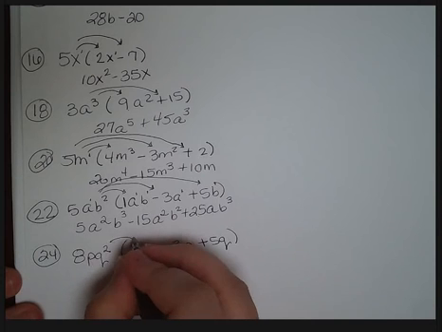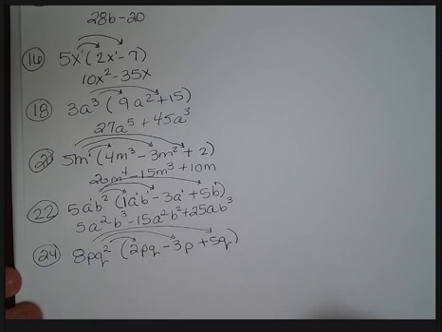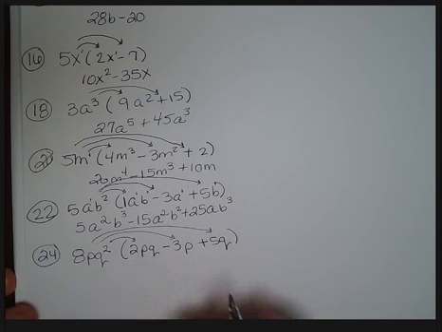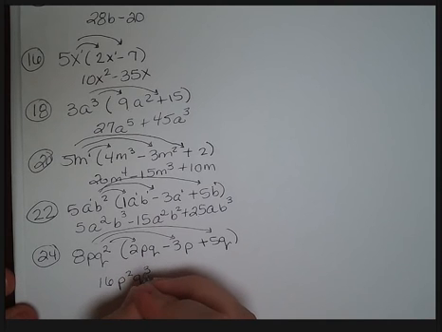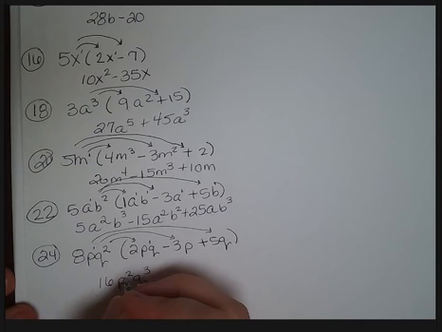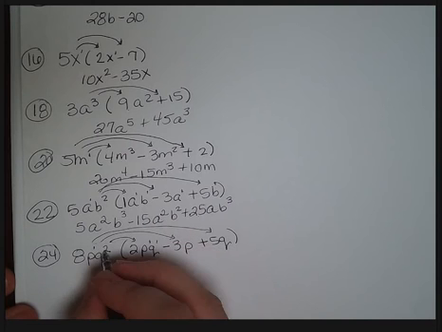We're going to multiply it by everything inside. So 8pq squared times 2pq is going to give you 16p squared q to the third. Because that's a p to the 1 and a p to the 1. 1 plus 1 is 2. And a q squared and a q to the 1, which 2 plus 1 is 3.